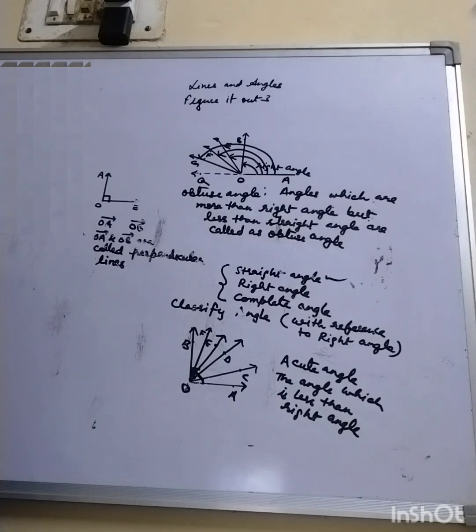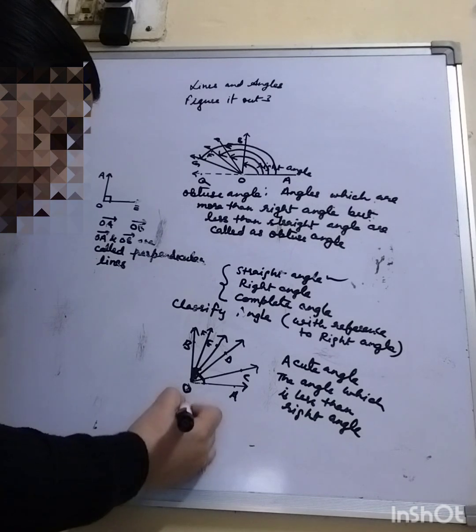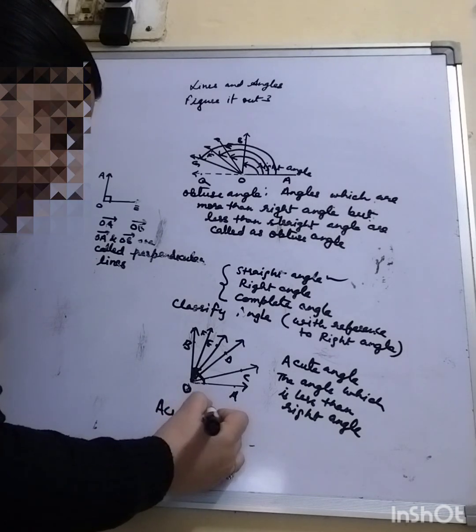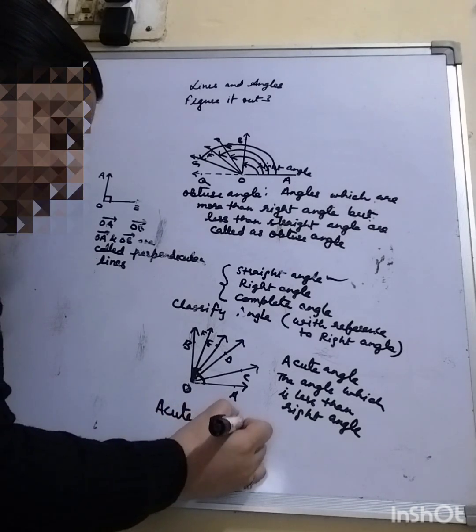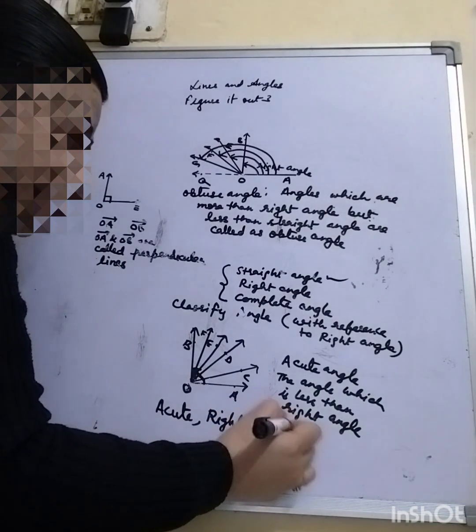Now the question that has been asked here is, okay, so this is done, I think. So now we get three types of angles. One is acute, another is right angle, and the last one is obtuse angle.